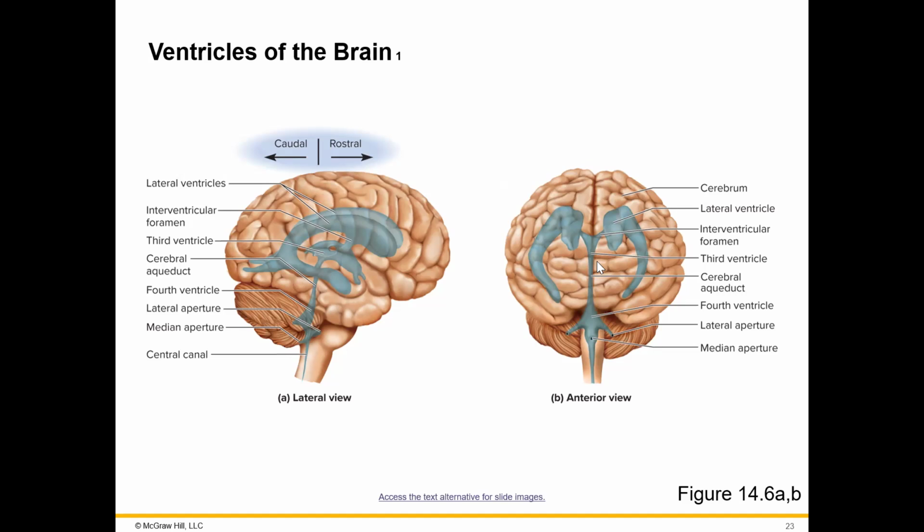Then from the third ventricle, the cerebrospinal fluid is going to flow through the cerebral aqueduct into your fourth ventricle. See the fourth ventricle all the way in the bottom. Third ventricle is in the middle, and the lateral ventricles, both of them, are at the top.